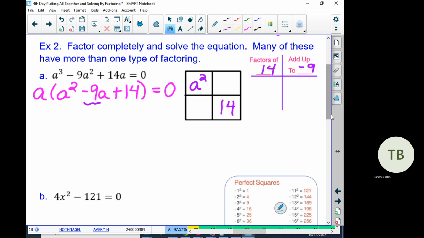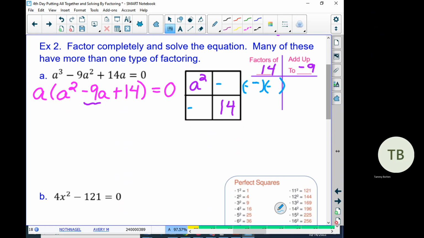And this is another thing you have to remember. If the middle term is negative and the last one is positive, both of these factors are going to be negative. So can you think of two negative factors of 14 that would add up to -9?